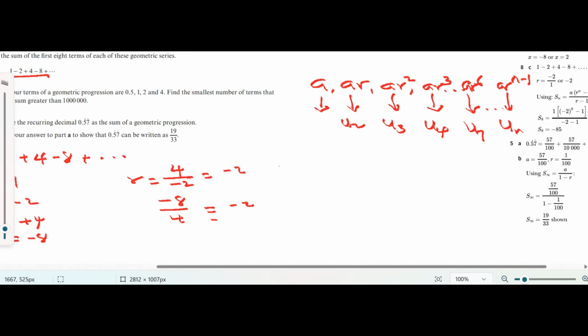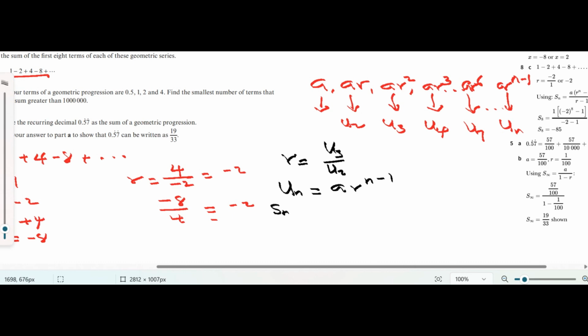So these are the formulas that we need to put in mind anytime we are dealing with this. The common ratio is always U3 over U2, and my UN will always be AR^(n-1), where A is the first term, R is the common ratio, n is the number of terms.